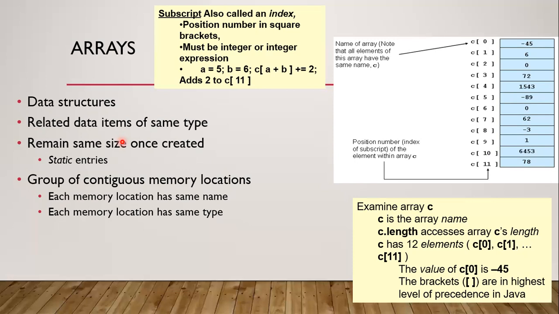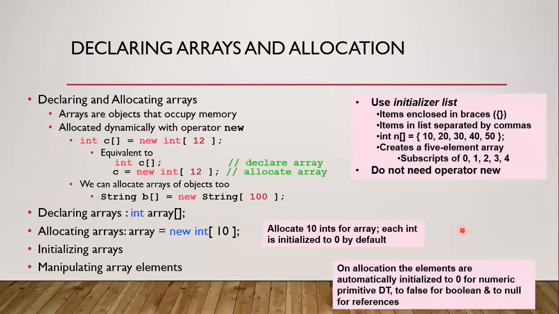We can make a new array and copy the data from the existing array into the new array, but the existing array cannot change its size. If we make an array c, c.length will give us the length of the array, which is 12. Okay, let's move on to the next slide.